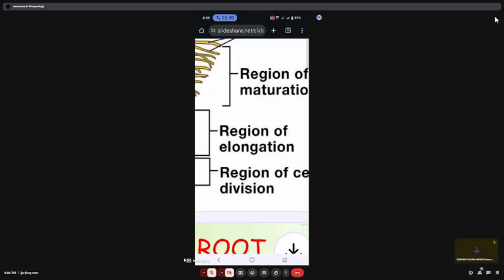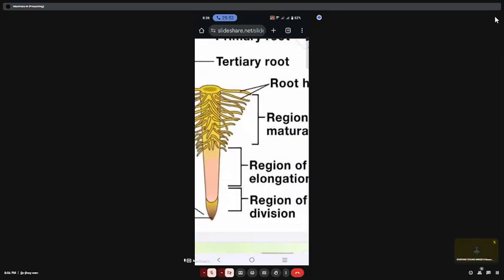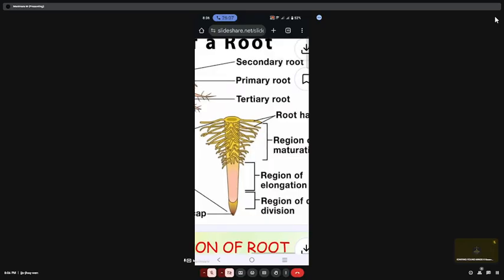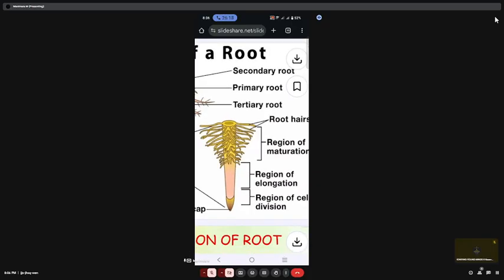And next, after the elongation region, which region do we have? Region of Maturation. In the region of maturation, the root surface is completely covered by root hairs.